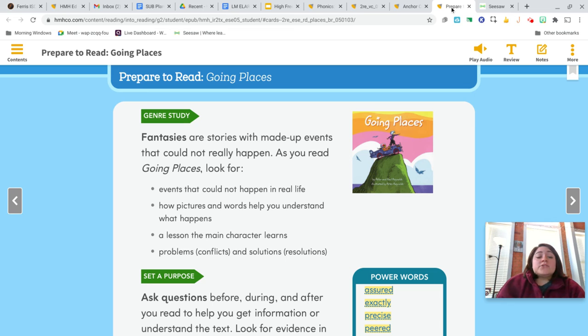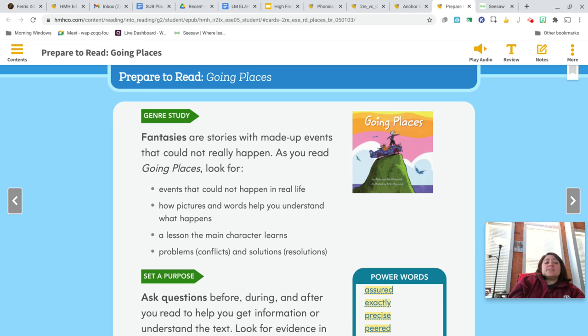All right. So we are preparing to read Going Places. So the genre study is the type of story we're reading, and it's a fantasy. Fantasies are stories with made-up events that could not really happen. So as you read Going Places, look for events that could not happen in real life.